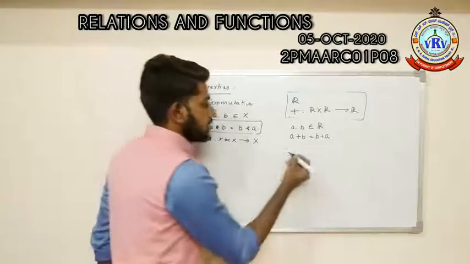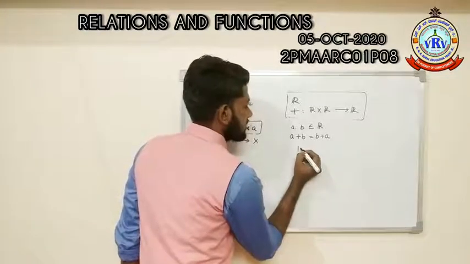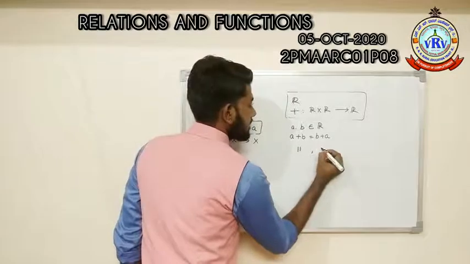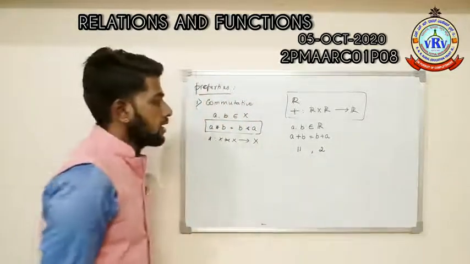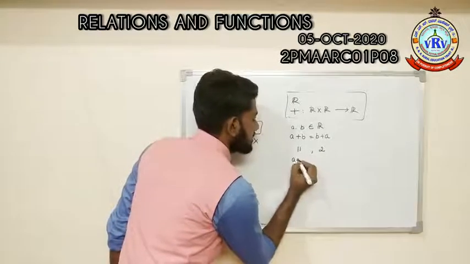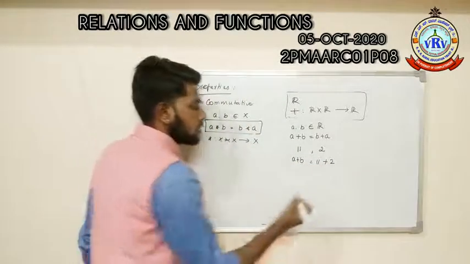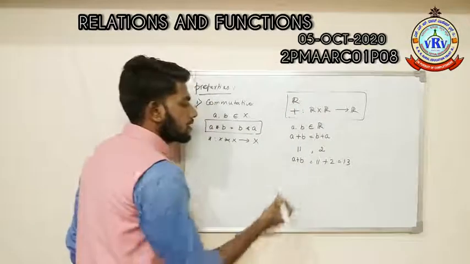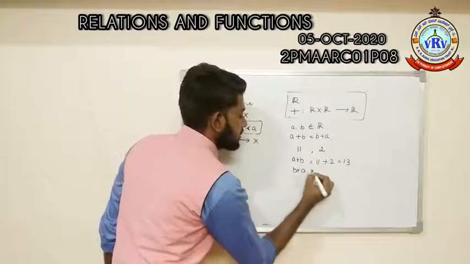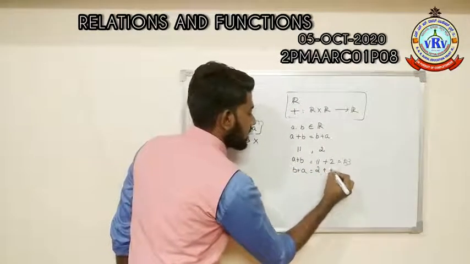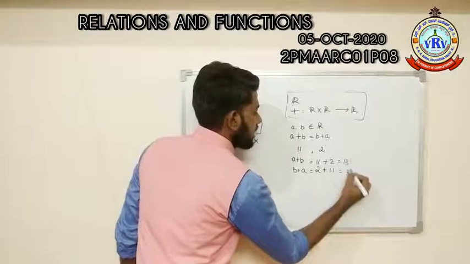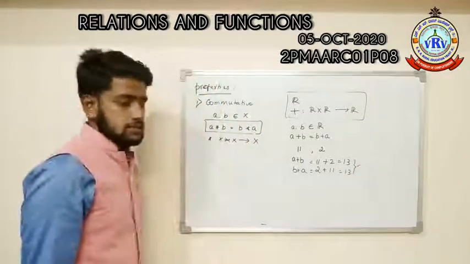Let me take any two elements from the real number set. I will take 11 and the second element as 2. First I will get A plus B. Here A is 11, B is equal to 2. Right. So the answer is 13. Fine. Next I will consider B plus A. Here B is 2 and A is equal to 11. So again you are getting the same answer.